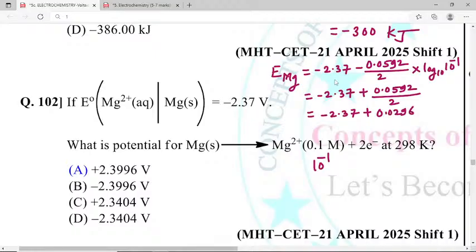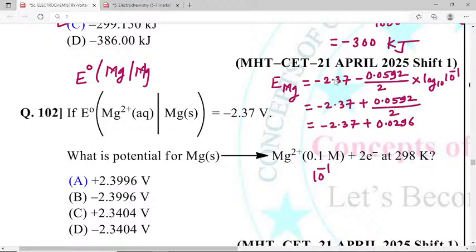So answer. And so the Mg value becomes a plus. Here it is Mg2 plus. So E naught value of Mg and Mg2 plus is equal to plus 2.37.